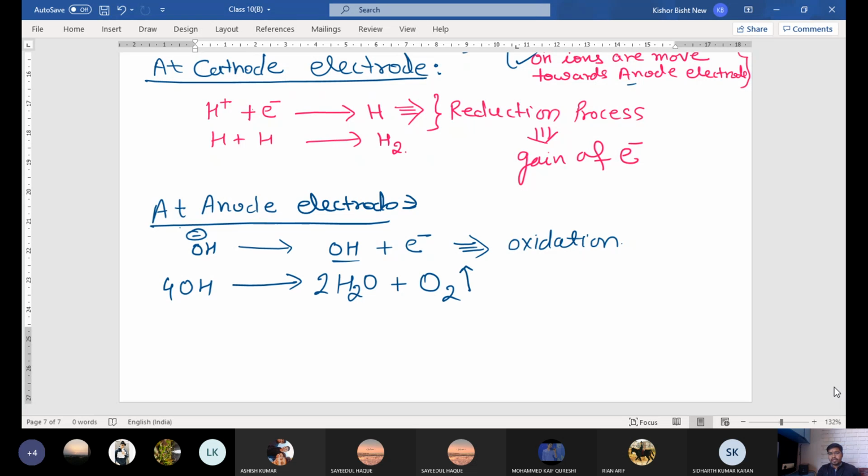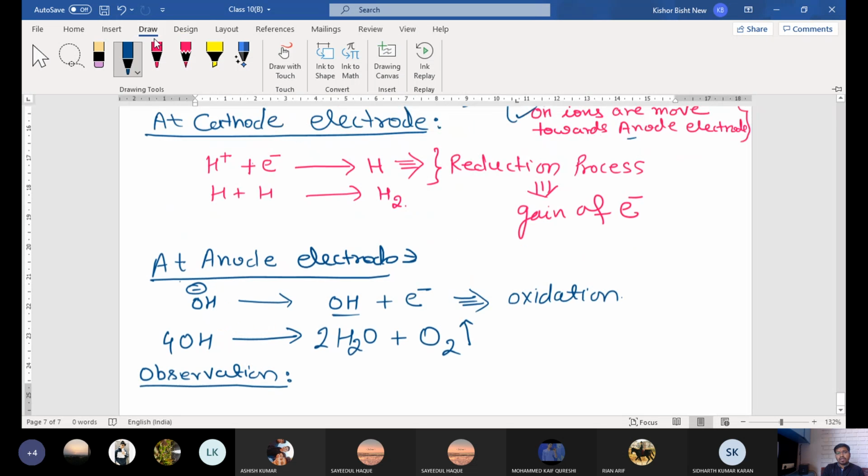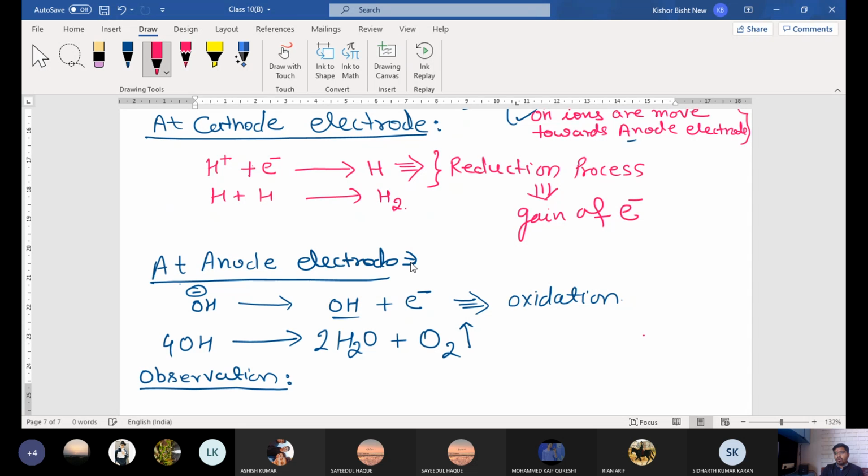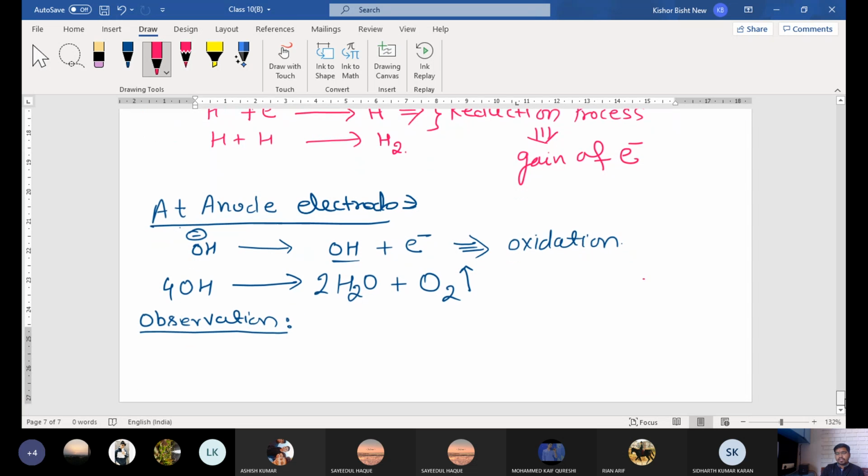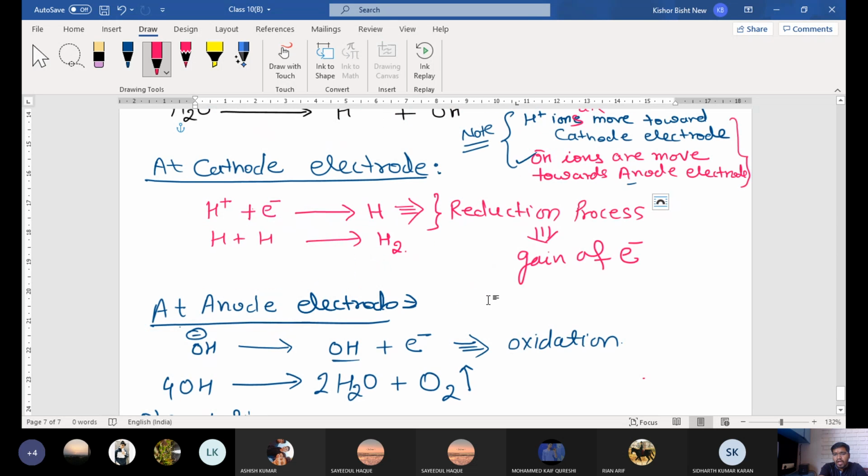So what you understand after the reaction, here we have observed the following things. Observation, what have we observed? First, as I said initially, pure water is a bad conductor of electricity, so we need to add some amount of acid in it. You understand my point?